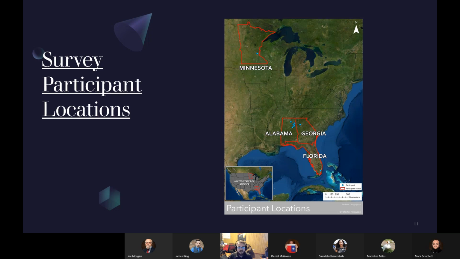The majority of the participants are from Alabama due to the advertisement of the survey primarily being on our campus, Jacksonville State University. And I believe that these other participants that are farther away are most likely either, in the case of Georgia, people going home and completing the survey, or, for the southern part of Florida and central Minnesota, people sharing this survey with their peers.